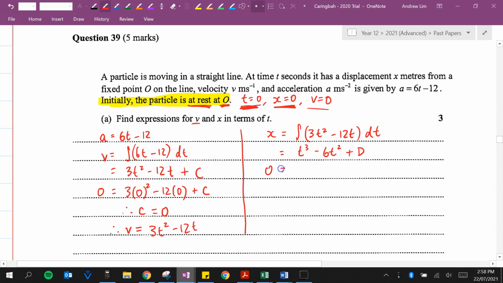So 0 is equal to 0 cubed minus 6 times 0 squared plus d. And so now we can also confirm that d is equal to 0 as well. Okay, that the constant is just 0. So therefore, the displacement is equal to t cubed minus 6t squared.